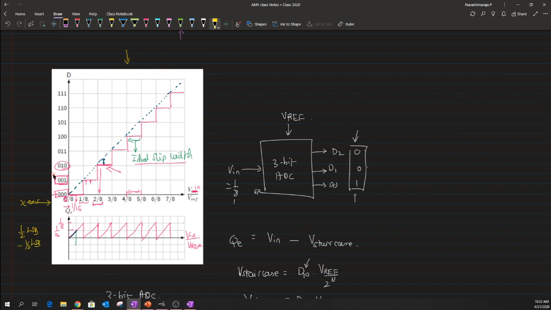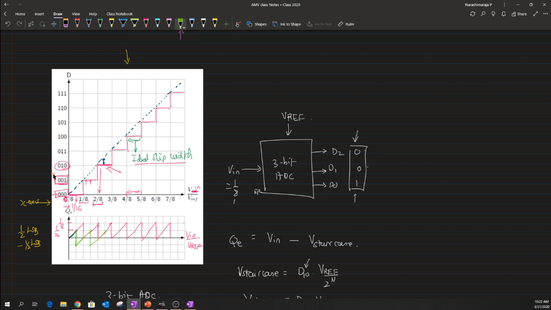And again when I reach a factor of 1 by 8 as my input, I have to shift back to a value of 0. So clearly there is an offset that has been given, and the error grows, and when it reaches the maximum value of plus half LSB, it is shot back to minus half LSB, and then it grows like this.